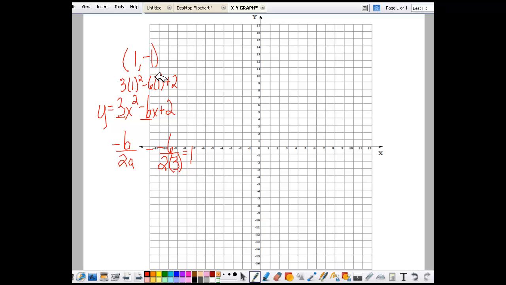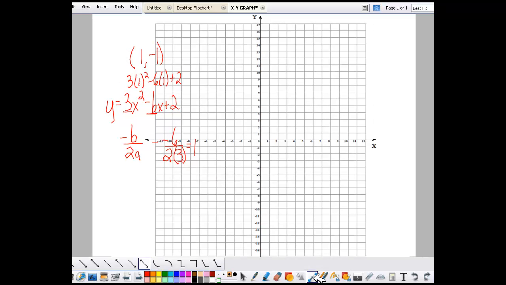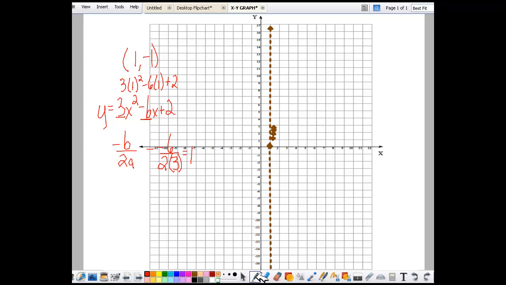So that tells me my line of symmetry, which we found a second ago, is on 1. I'll draw that line of symmetry first. I've got a negative 1, so 1, negative 1. Here's my vertex.